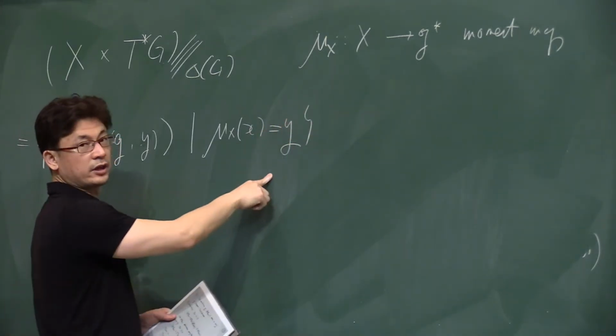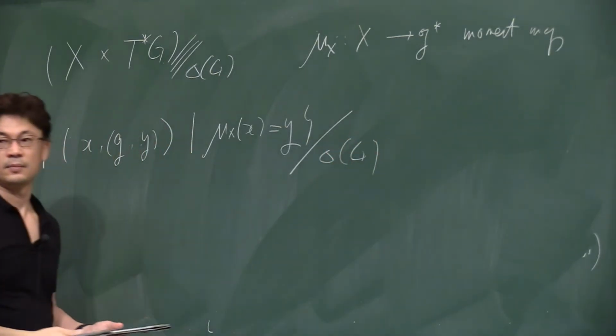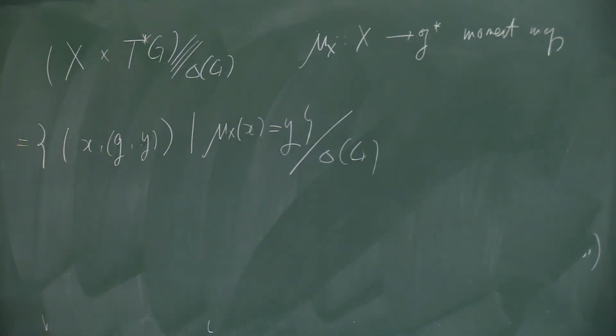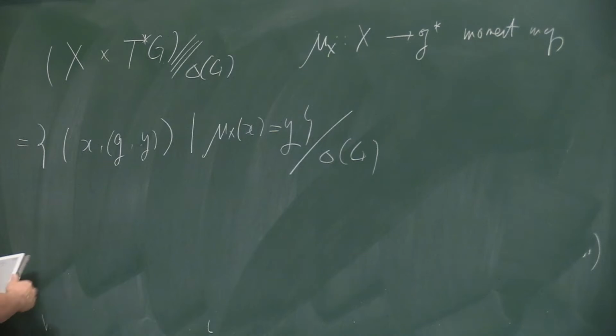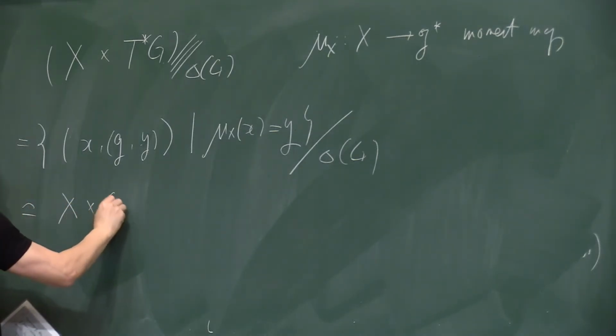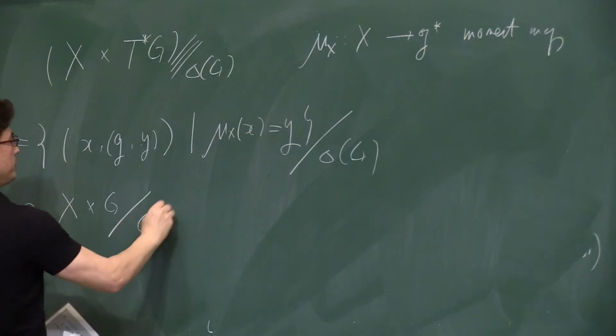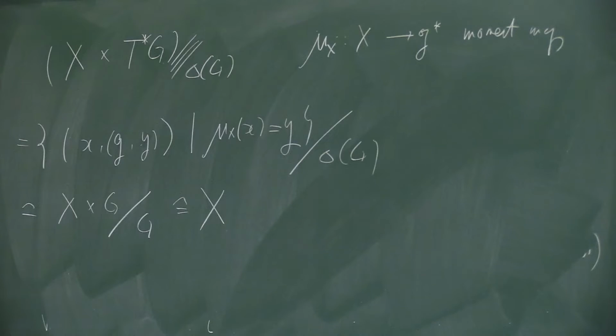So this is a level set, and you divide by the diagonal action of G. And because y is completely determined by x, this is the same as X times G divided by the action of G, which is isomorphic to X. So you recover X by this symplectic reduction.